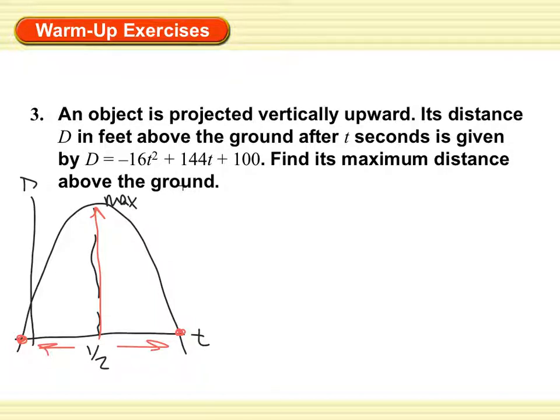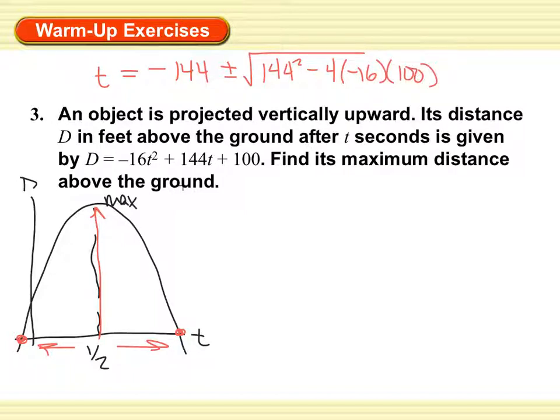So I'm actually going to use quadratic formula because I can't solve this by hand. I can't factor it. And quadratic formula is t equals negative 144 plus or minus the square root of b squared minus 4 times a times c, all over 2a.